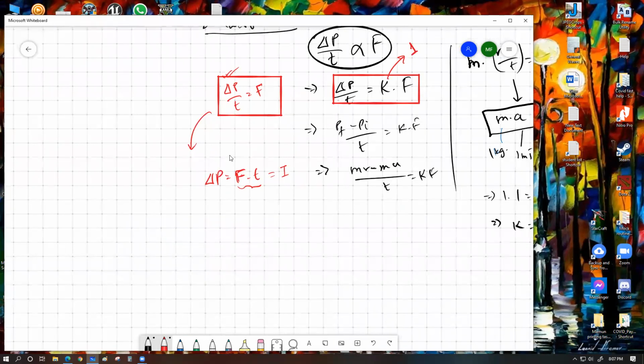Impulse is basically the product of force and time on an object. So if you apply, let's say, 100 Newton force on an object for 2 seconds, the amount of impulse you are providing to that object is 200 Newton second, which is exactly equal to 200 kg meter per second. The amount of impulse is exactly equal to the amount of change of momentum for any object.